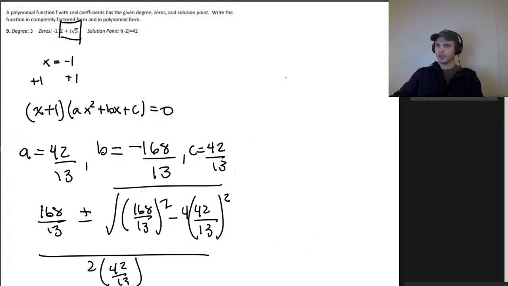Okay, so we're going to get under the radical some disgusting number. Actually, I think this may not have worked out.